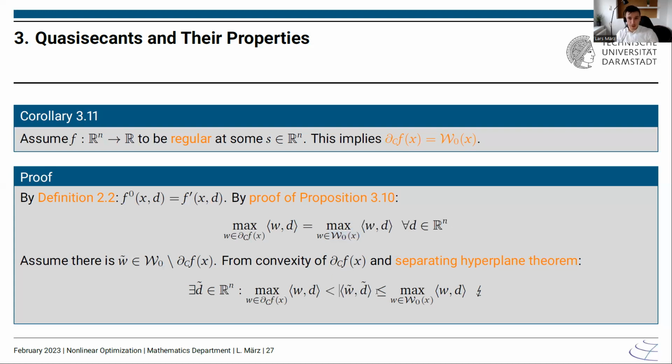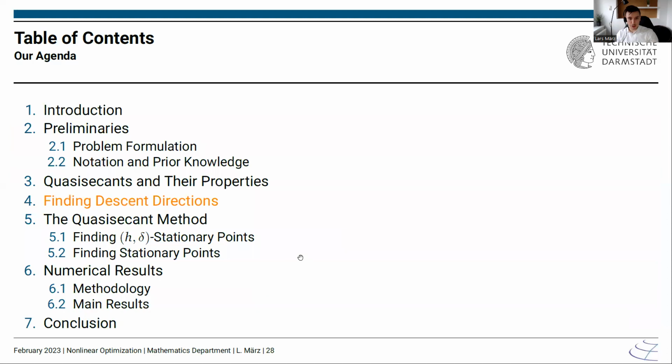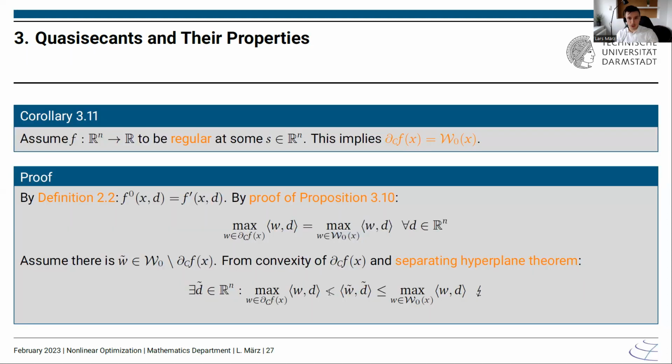However, since we still have the inequality, we now get this chain which becomes a strict inequality, which is a contradiction to the equality we derived before. And therefore, this cannot be the case, and these sets actually have to be the same.